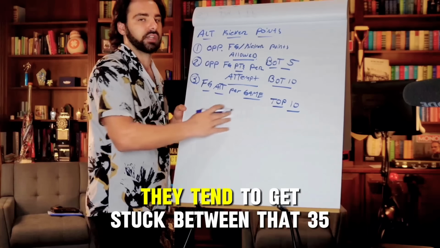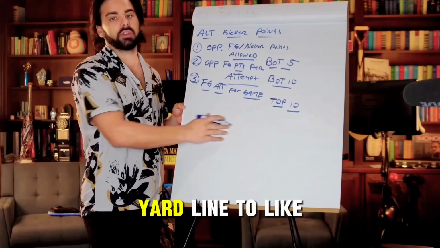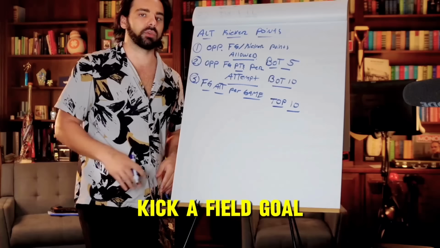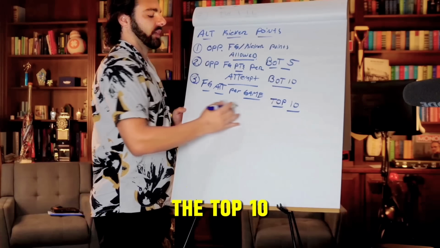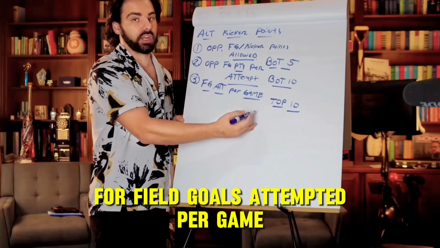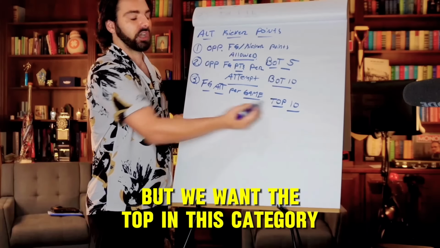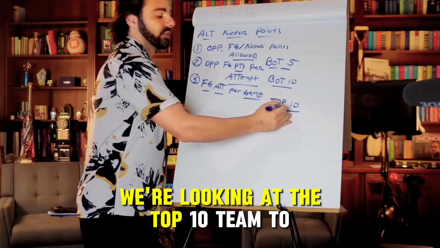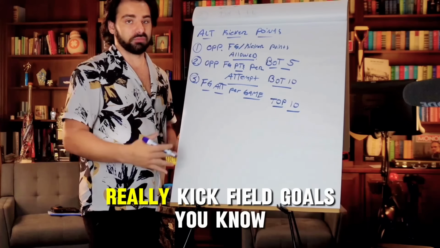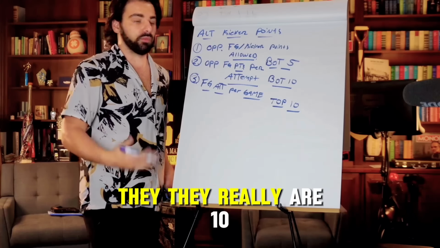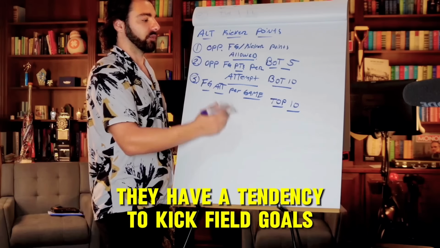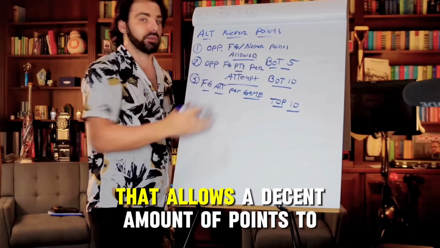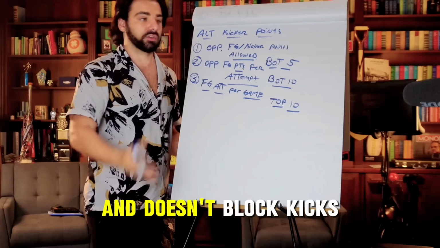They tend to get stuck between the 35-yard line and the 25-yard line, and they're forced to kick a field goal. So that's what you're going to find in the top 10 for field goals attempted per game. We want teams that have a tendency to kick field goals a lot, going against a team that allows a decent amount of points to that kicker and doesn't block kicks.